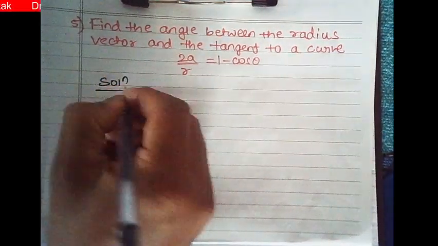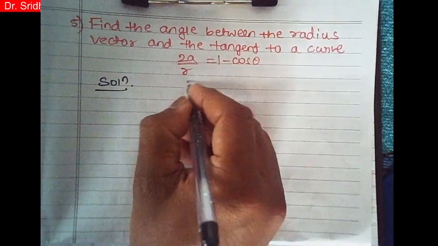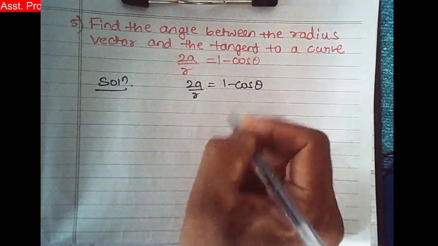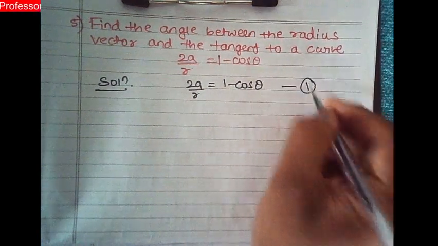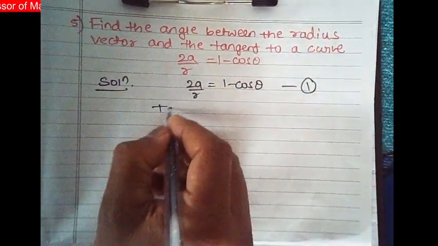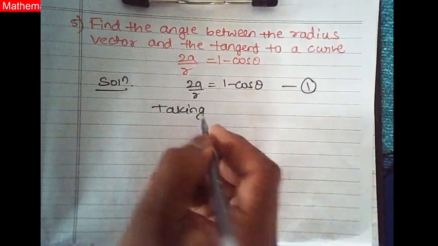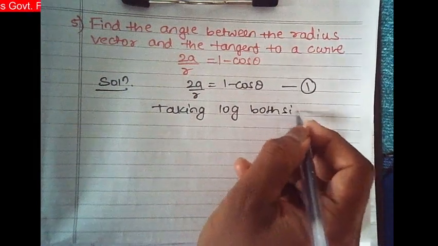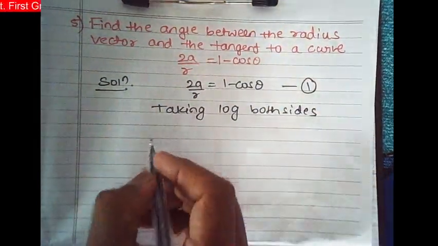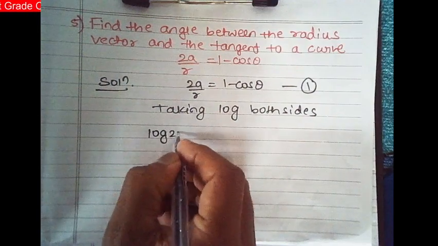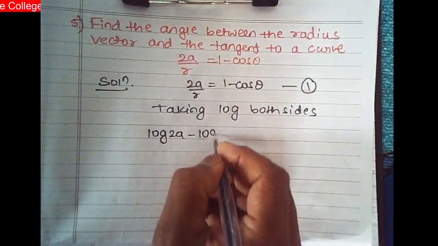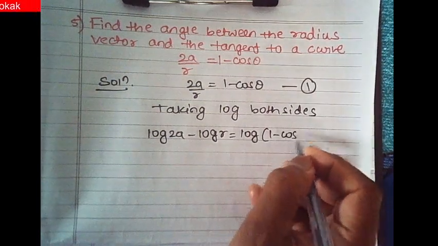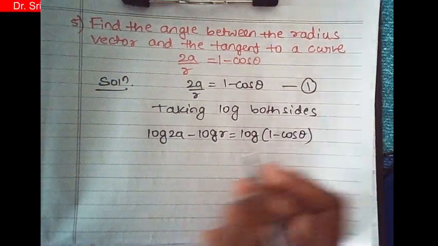So in this again, the given equation we write 2a/r = 1 minus cos theta. Call this equation 1. Next, taking log, the same thing we have to follow. Taking log on both sides, this gives log 2a minus log r equal to log of (1 minus cos theta).